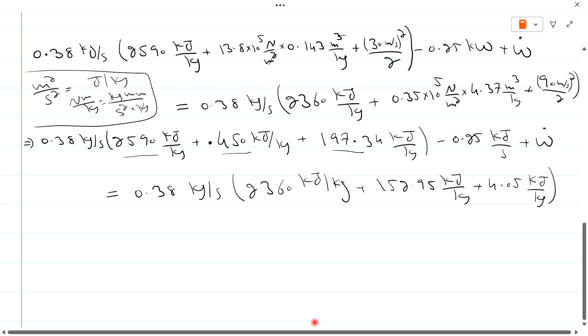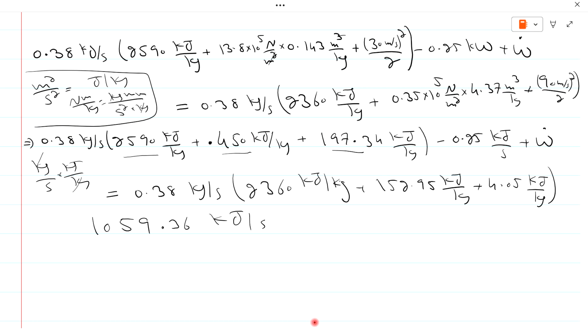So the answer will be 1059.36 kilojoule per second, because kilogram per second into kilojoule per kg, if I multiply these two terms, kilogram cancels with kilogram, and the answer will be kilojoule per second.